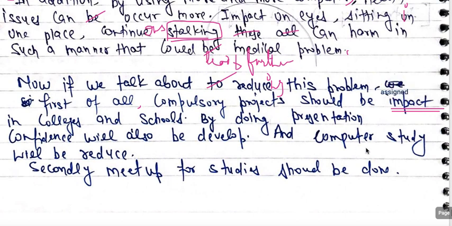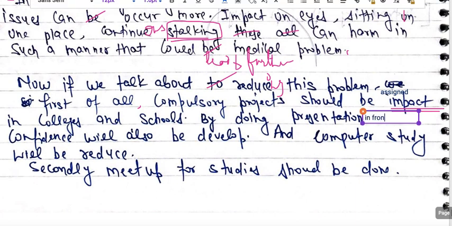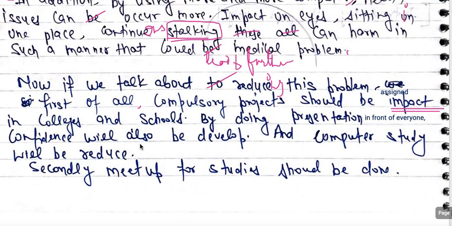Projects should be assigned, right, in colleges and schools by doing presentations in front of everyone, comma, confidence will also develop, या तो will also be developed लिखो या फिर will also develop, ठीक है, and computer study will be reduced.